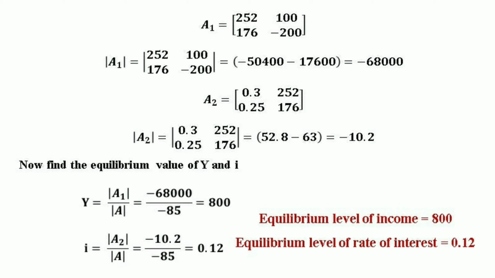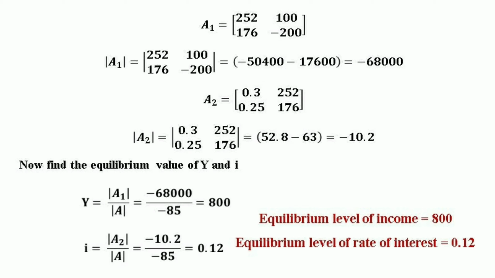Then the next step is to form another matrix which is known as A2 by replacing the second column coefficients with the column vector of constants. So here in A2 the first column will remain the same, but the second column will become the constant vector, that is 252 and 176.